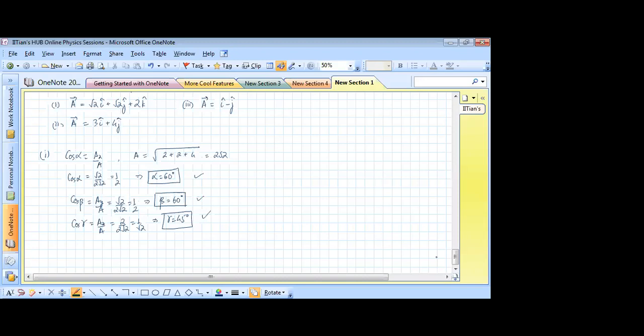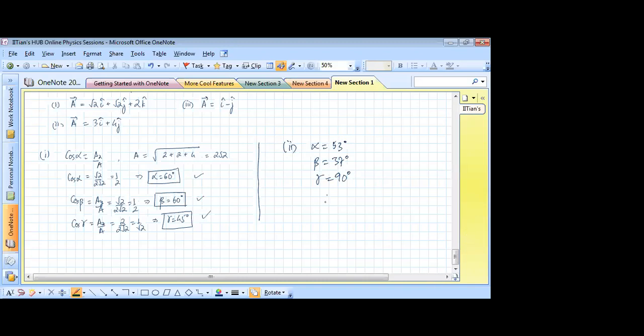Yes, that is correct, Yojit. Correct answer for second part. So for second, you should be getting alpha as 53 degrees, beta as 37 degrees, and gamma as 90 degrees. Which totally makes sense actually.